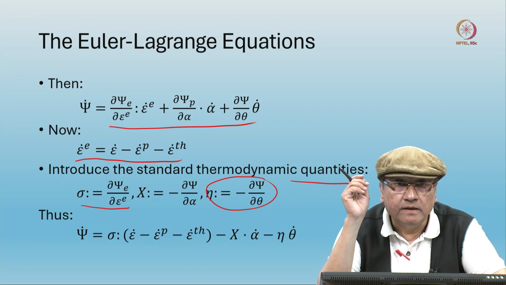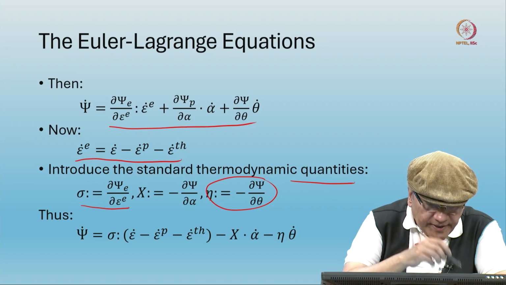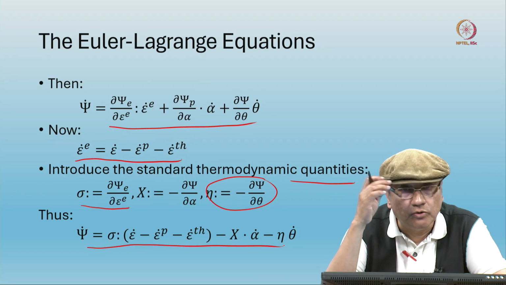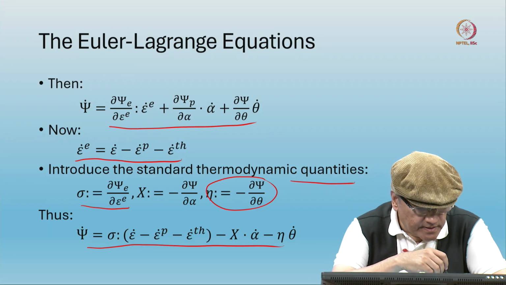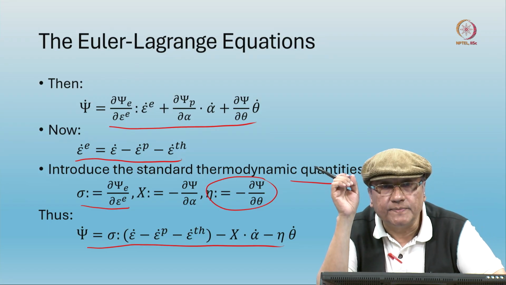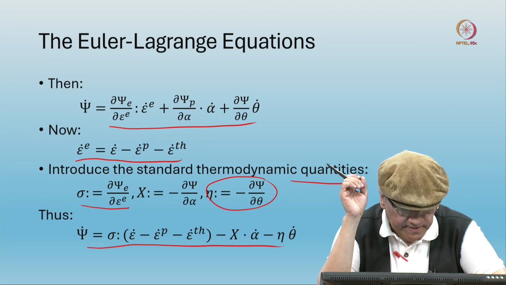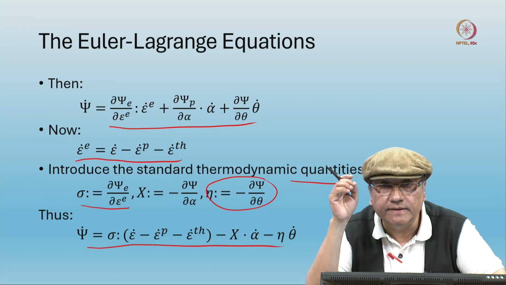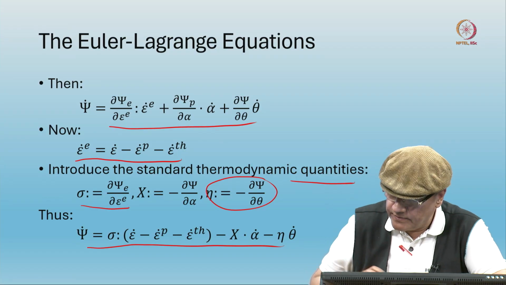Therefore, using this I can write psi dot in terms of these closure conditions. That means sigma inner product with epsilon dot minus epsilon p dot minus epsilon theta dot, minus x inner product with alpha dot, and minus eta theta dot.